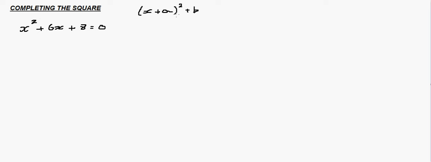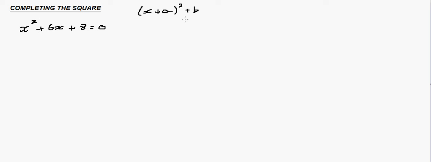And it usually comes as a two-part question. Usually they'll say put this equation in this form, which is completing the square, and then the second part of the question will be to solve it.